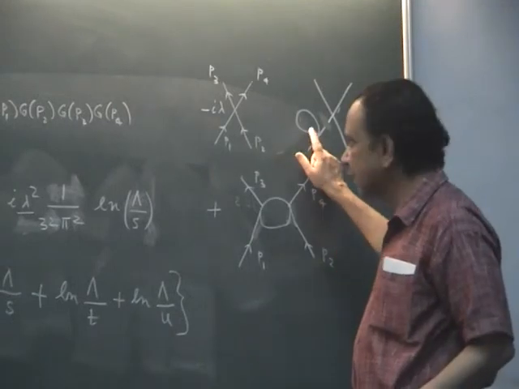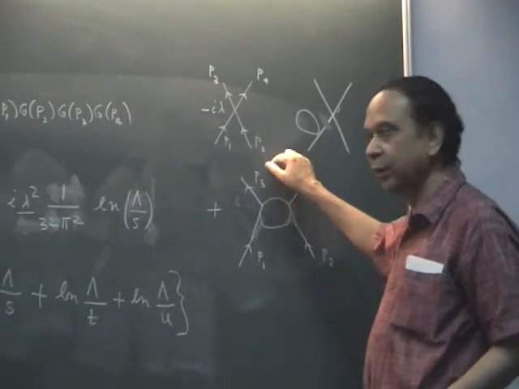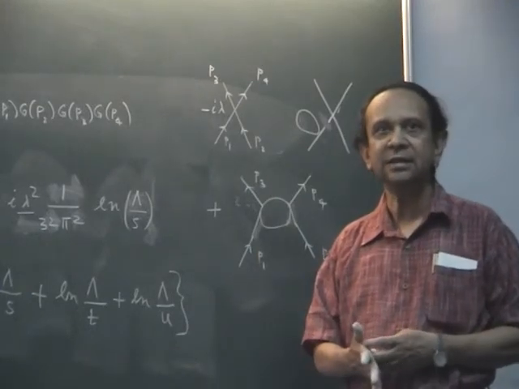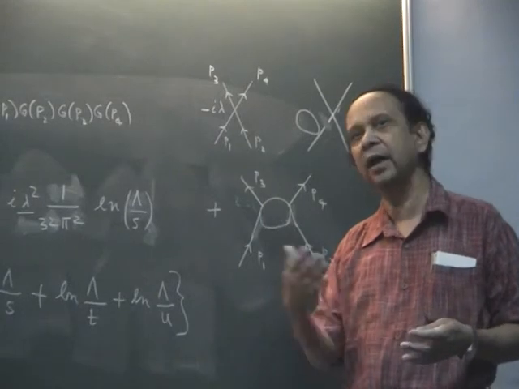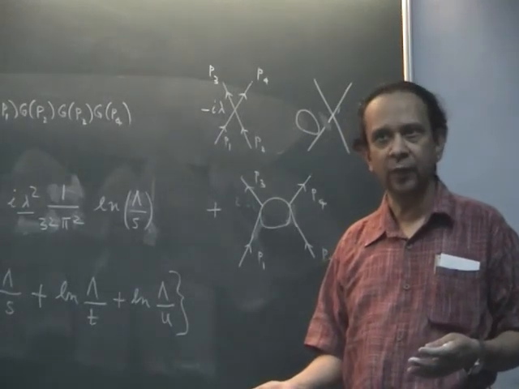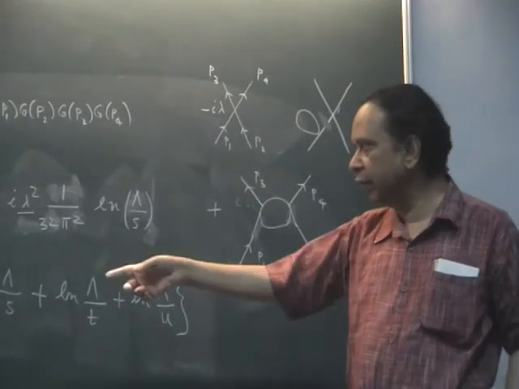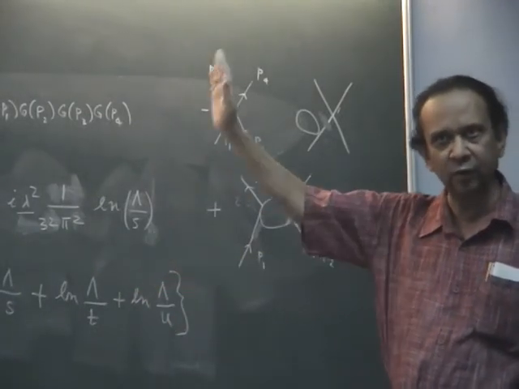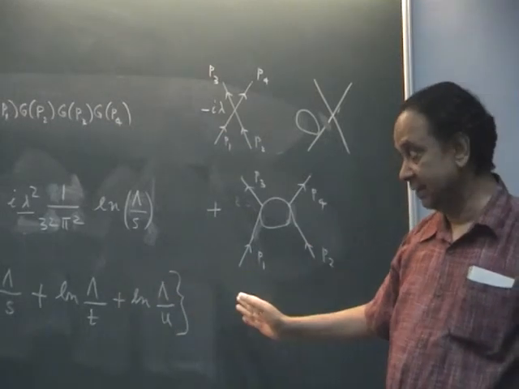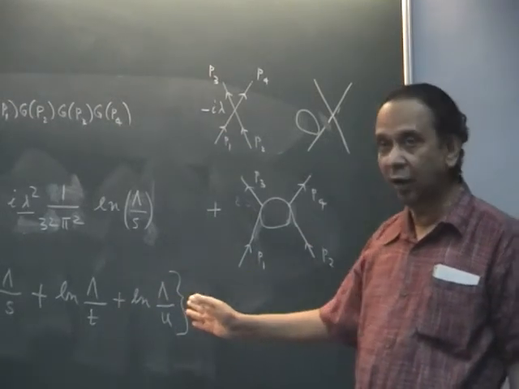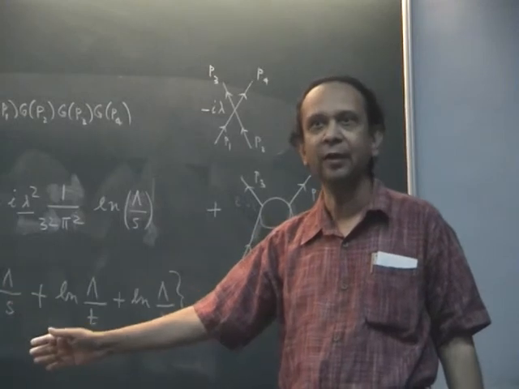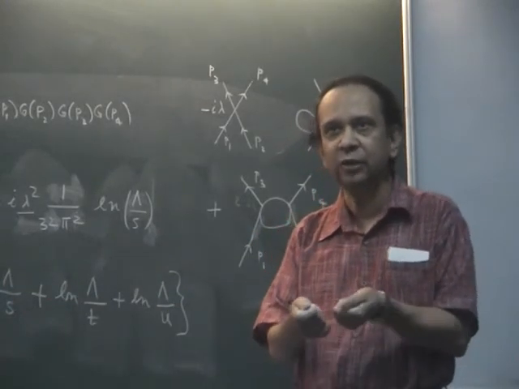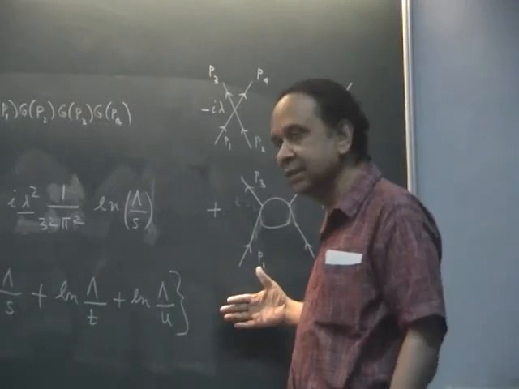The kind of corrections like this, or even 2 loops, 3 loops, etc., can all be summed up as a geometric progression, and that just changes the mass parameter to a renormalized value. So in the way we have done this computation, mass has disappeared because we looked at only the divergent piece. There is a finite piece. See, this is not the really important thing, because this is important only to show that you can renormalize.